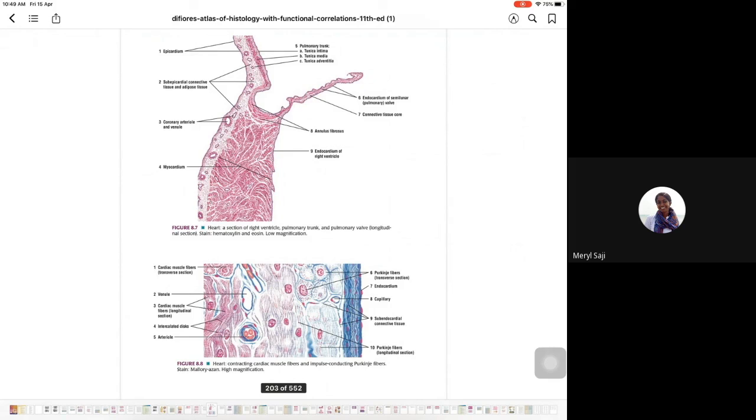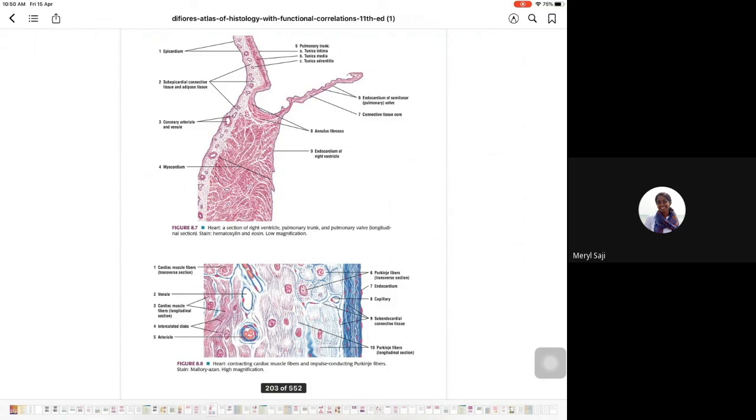And we also see the, not inner, you have to say middle myocardium. Okay? Middle myocardium. And then we see the pulmonary trunk divided into tunica intima, tunica media, tunica adventitia, and endocardium of the semilunar or pulmonary valve with the connective tissue core, annulus fibrosus, and endocardium of right ventricle.